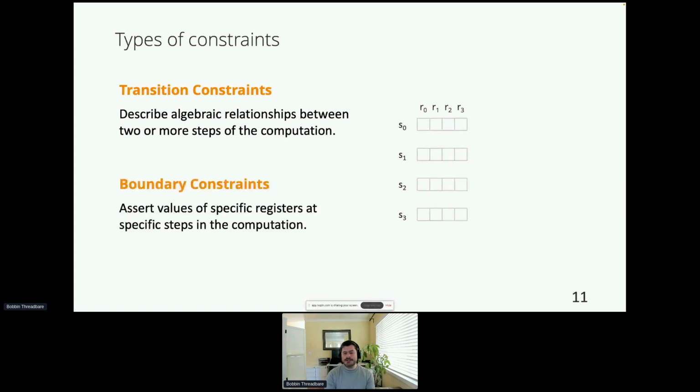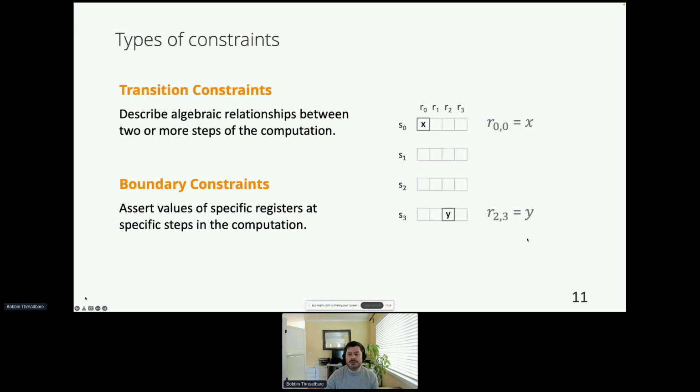The other type of constraints is boundary constraints. Boundary constraints assert that values at a given cell are equal to some constant value, something that a prover or verifier wants to assert. For example, we may want to say that the first cell in the first row is equal to some value x, and the third cell in the last row is equal to some value y.